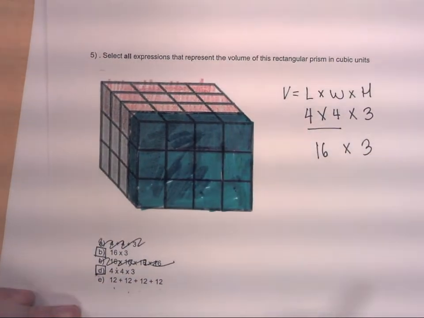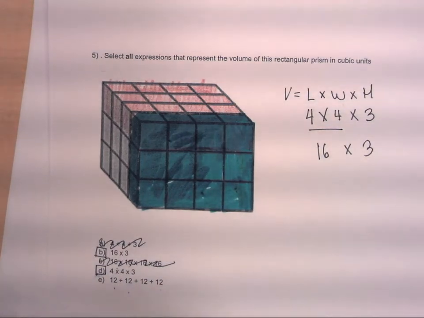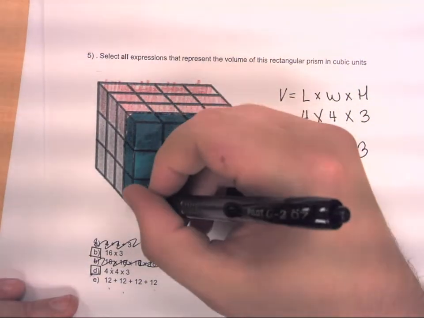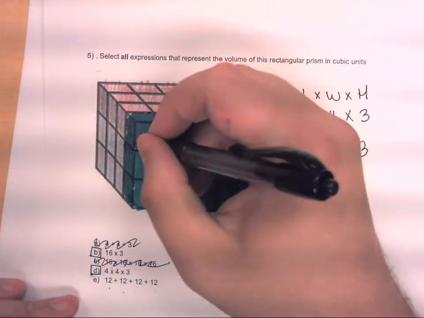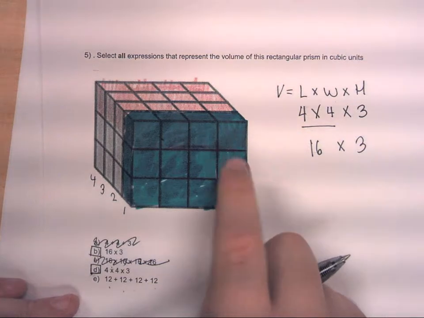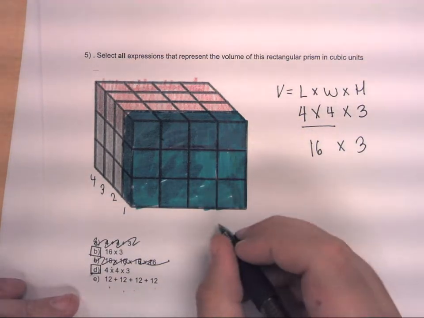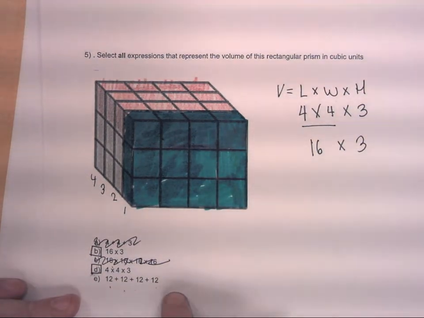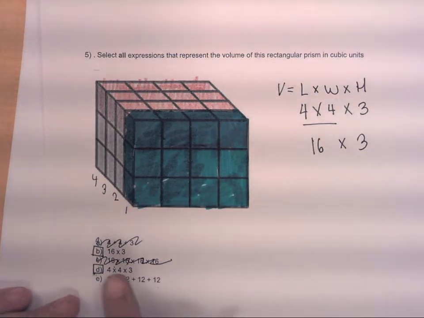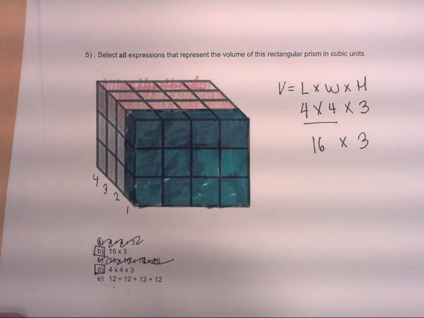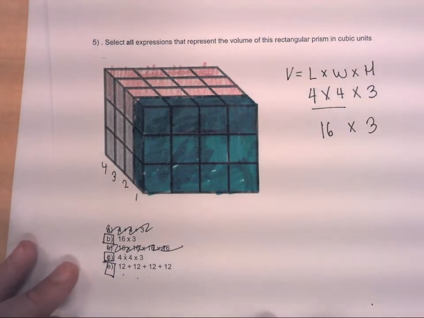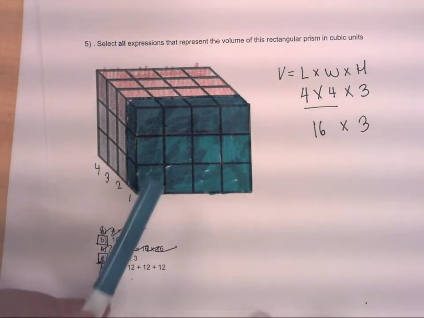So there's a layer of 12. Well, if I look going backwards here, or down the width of the prism, I see there's 1, 2, 3, 4 layers of this 12. So that would correspond to 12 times 4, or if we thought about that as repeated addition, 12 plus 12 plus 12 plus 12. So option E is also an expression that represents this volume.